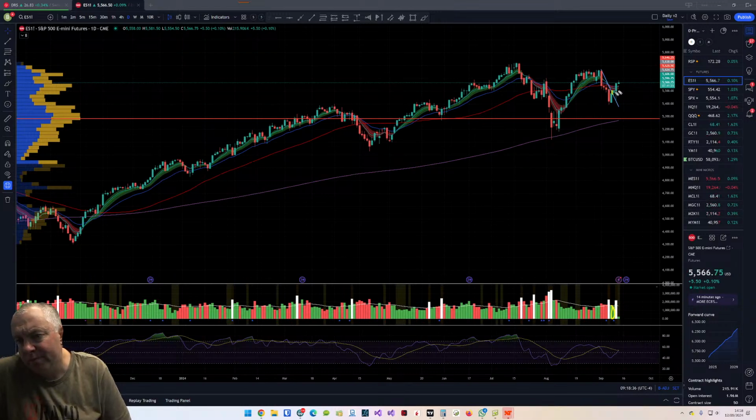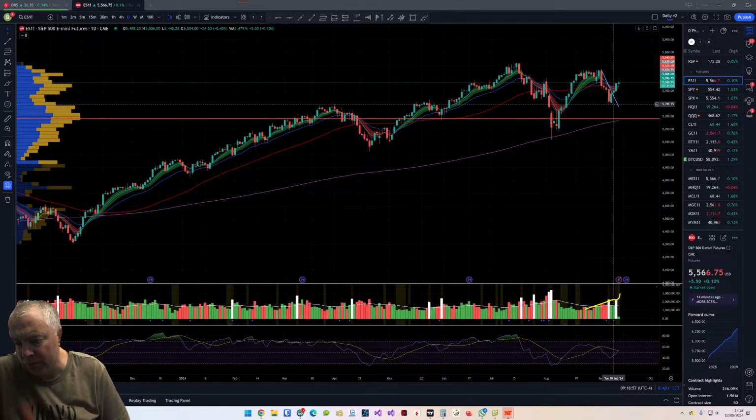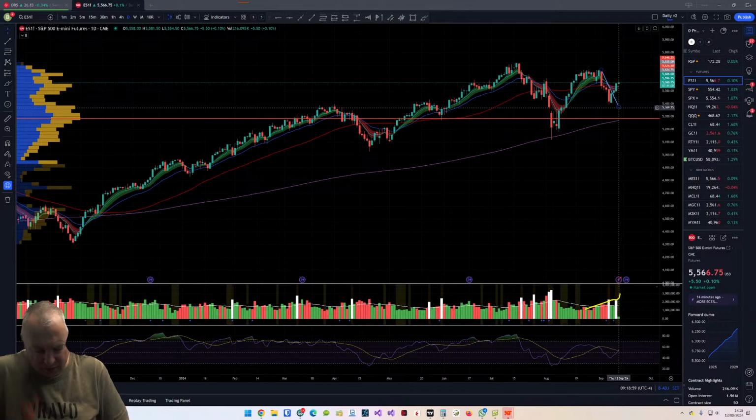So for the size of the candle yesterday, you would have expected to see more volume come in, and it could be the fact that we were all the way down here at one point. It shows a slight sign of weakness, but we've had increasing volume on the sell-off, and a little bit of decline in volume on the pullback, apart from yesterday's. So just keep an eye on that.